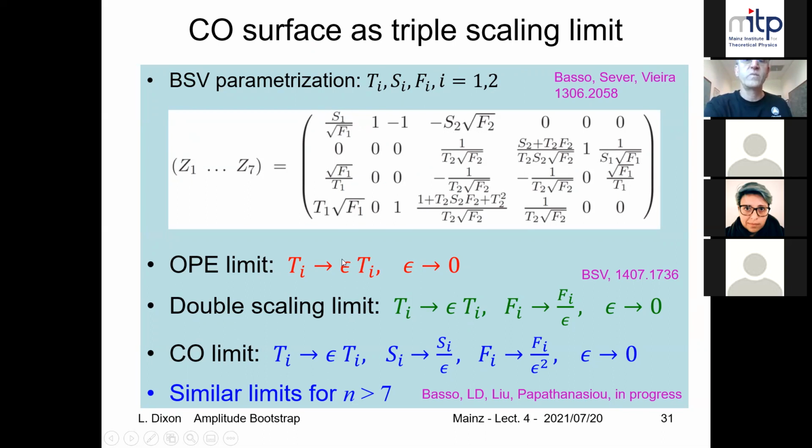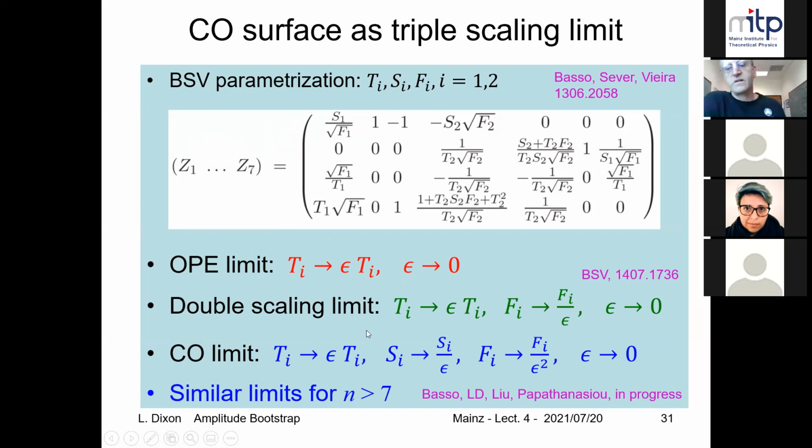And then every 4 bracket and every letter of the 42 letters can be written as functions of Fi, Si, and Ti. So to go into this limit or other scaling limits, you just apply certain scaling transformations. For example, to go to the OPE limit, you scale T1 and T2 to 0 with a common parameter. And that's the OPE limit for the heptagon, which actually involves two T's going to 0.